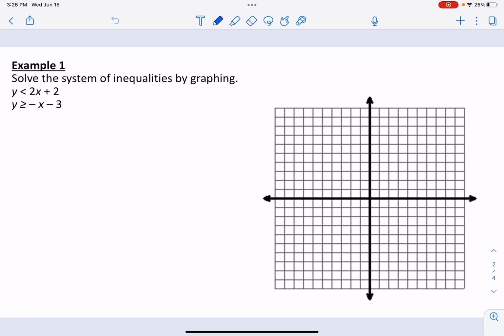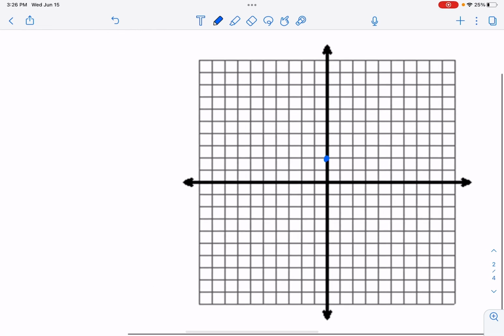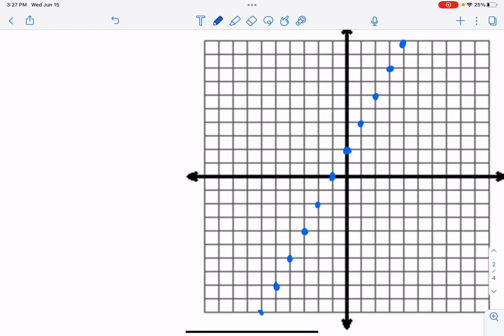Okay, so the first one I'm going to do in blue. So 2x plus 2, plus 2, slope of 2. I'm going to zoom out. It's dashed.